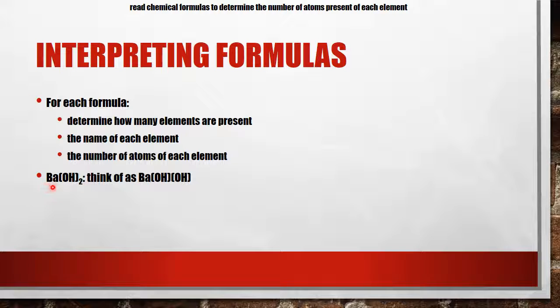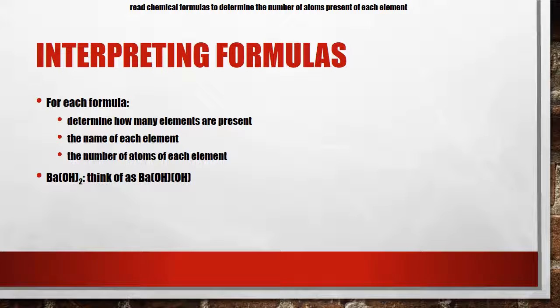So when we have Ba(OH)2, think of that as BaOHOH, where I write the OH twice, because that subscript 2 applies to everything inside the parentheses. So when we see the parentheses OH and then 2, that tells us we have 2 of those OHs.